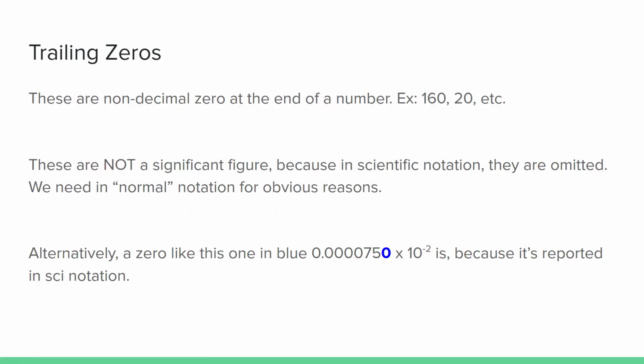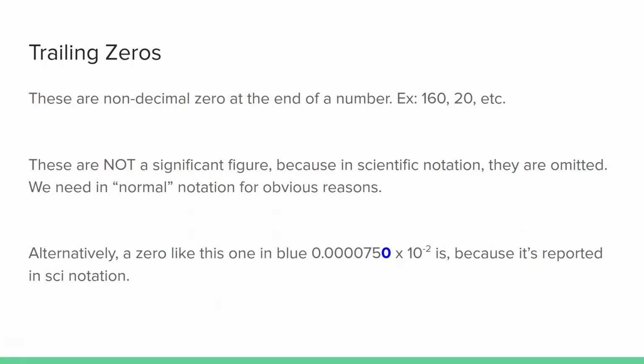That's because if you were to convert these to scientific notation, the zeros are going to be omitted. I know that might seem a little bit confusing, but if you convert 160 to scientific notation, you'd have 1.6 times 10 to the 2.